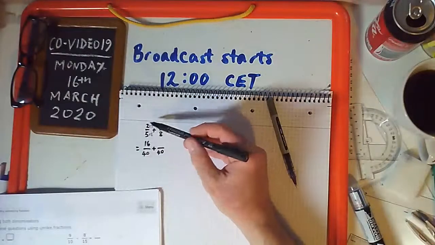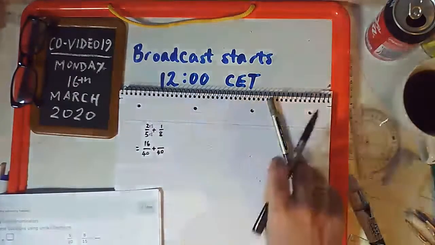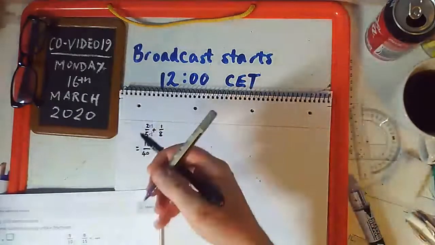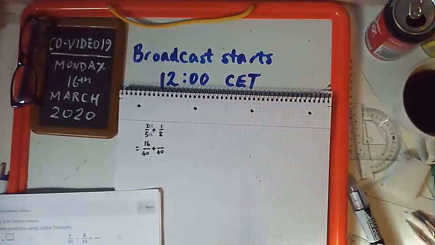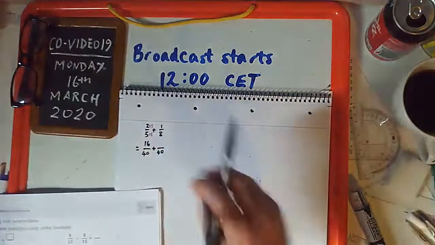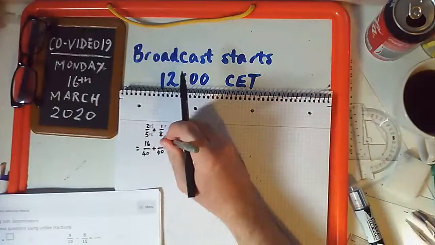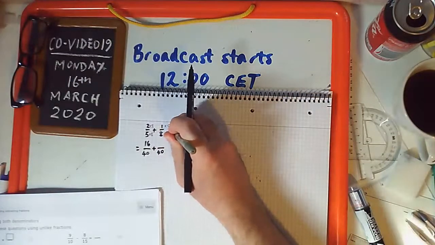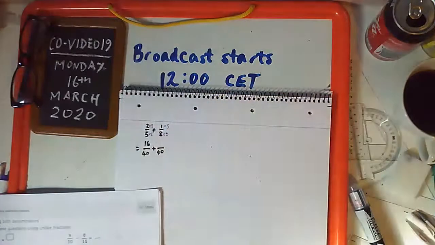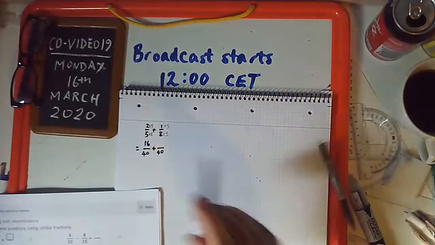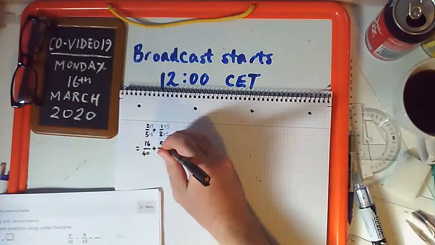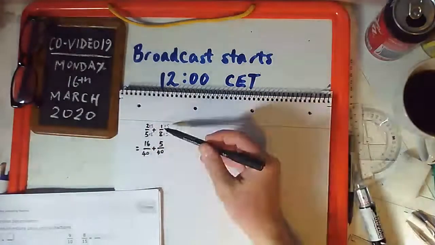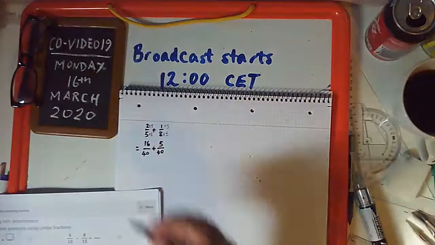I multiplied by 8 eighths, which is the same as multiplying by 1. So I'm not making the number any bigger or smaller. I'm just writing it in a different form. And then 1/8, I can multiply by 5 over 5, again, which is just like multiplying by 1. And then I turn it into 5 40ths. So 1/8 is the same as 5 40ths.